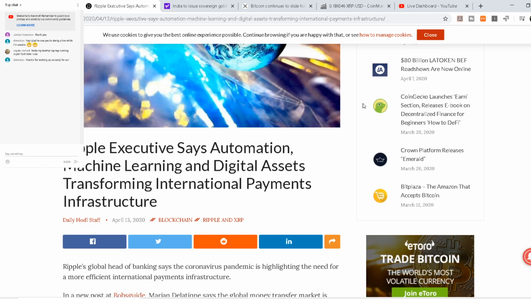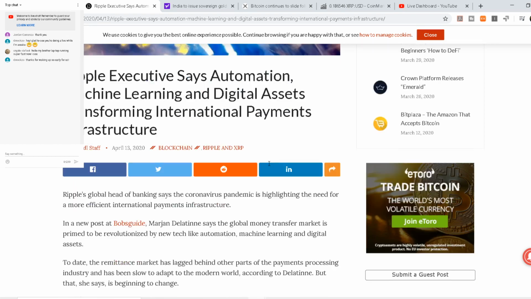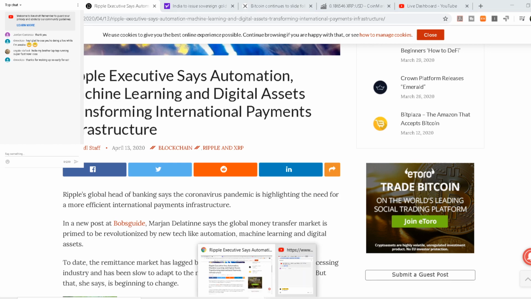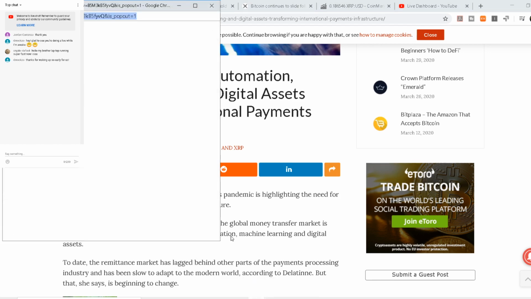Regulated in the sense that most of the financial institutions like banks, payment providers and all the endpoints for XRP are regulated. Now they are even pushing for more regulation. So as the regulatory clarity comes in, this is going to be the digital asset, the new infrastructure for the future financial system.